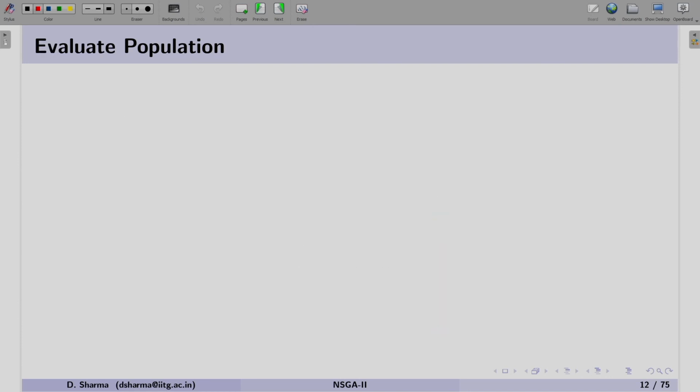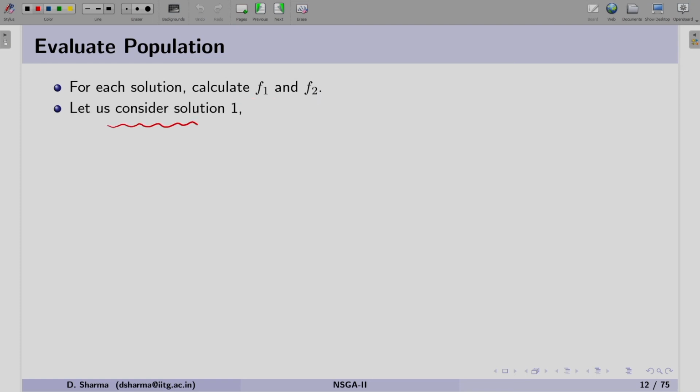The next step is to evaluate the population. For each solution, we will be calculating f1 and f2. In the given problem, there is no constraint, so we are just focusing on f1 and f2.